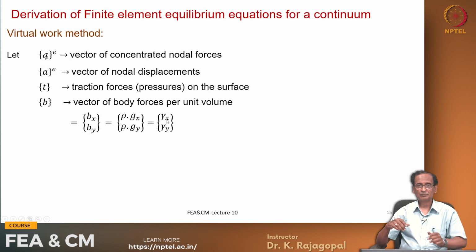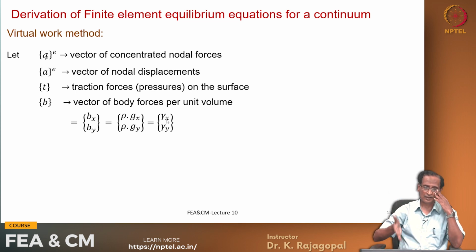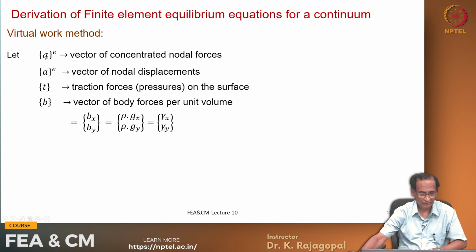If our x axis is in the horizontal direction and y axis is in the vertical direction, our gamma x could be simply 0, because we do not have any gravitational force in the horizontal direction. And in the vertical direction, since the weight is acting down, we will have minus gamma for gamma y.